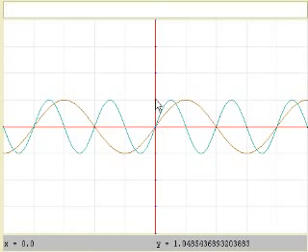So the amplitude is 1, but their period is different. Sine of x takes 2 pi radians to complete one cycle, while sine of 2x only takes pi radians to complete one cycle. So it actually completes it twice as fast.